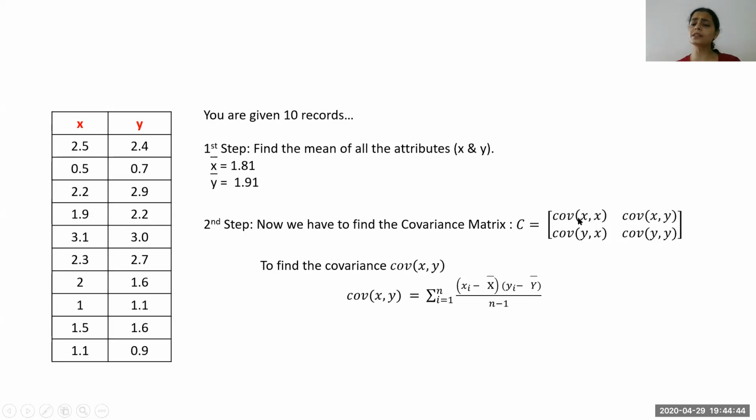Now, how do we find the covariance of x with x, x with y, or y with y?